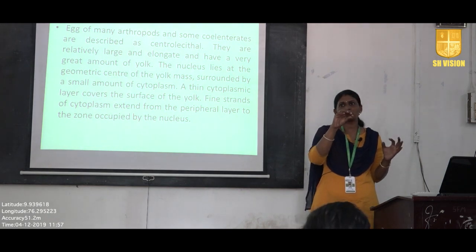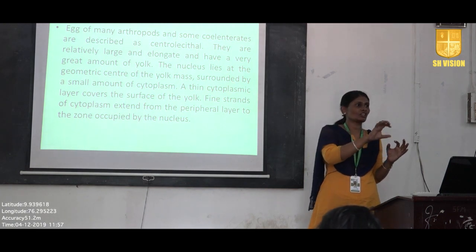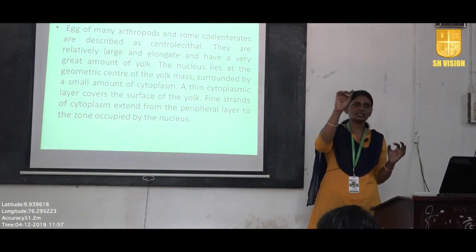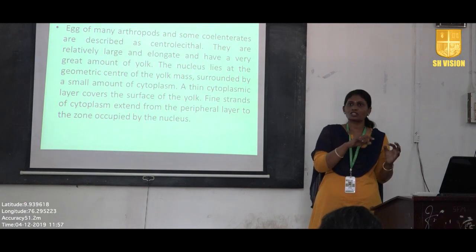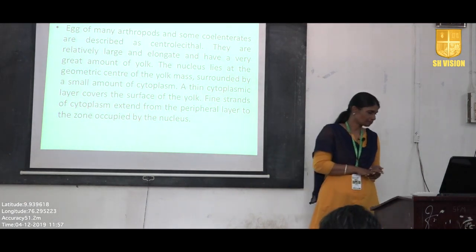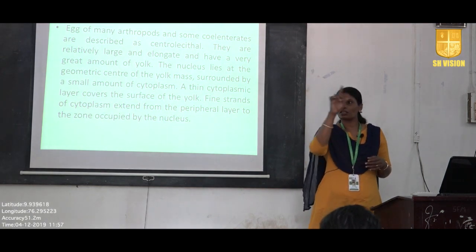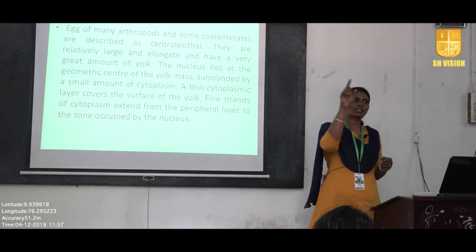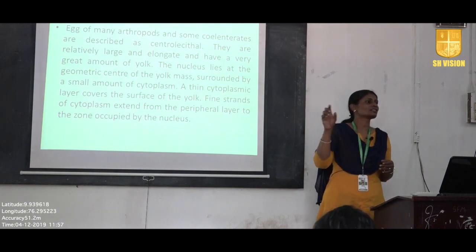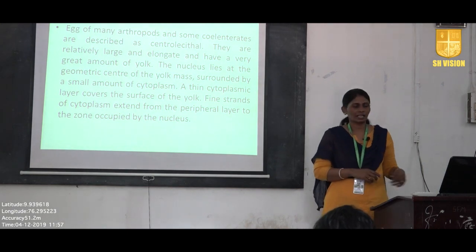Within the center portion you have a nucleus, and this nucleus is completely covered by yolk, and you have a thin cytoplasm at the peripheral region. So within the center you have a nucleus, a yolk surrounding it, and surrounding that you have a thin cytoplasm. Then that is known as centrolecythal egg.